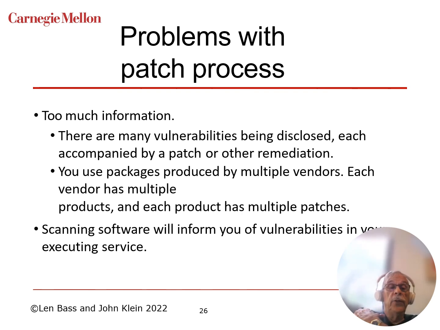Another way of doing it is scanning software. If you'll recall, we talked about the SBOM at one point, the software bill of materials. The software bill of materials ideally enumerates all of the software in your system. The scanner will look at your SBOM, look at the CVE, and see if there's a piece of software that has an unpatched vulnerability.